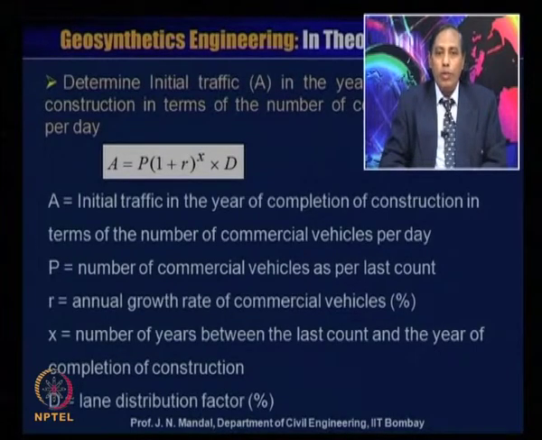P is the number of commercial vehicles as per the last count. R is the annual growth rate of commercial vehicles in percentage. X is the number of years between the last count and the year of completion of the construction, and D is the lane distribution factor in percentage, which you can determine from the table.